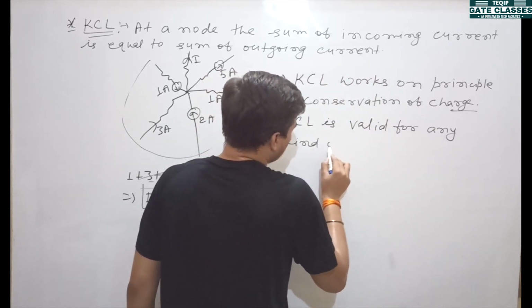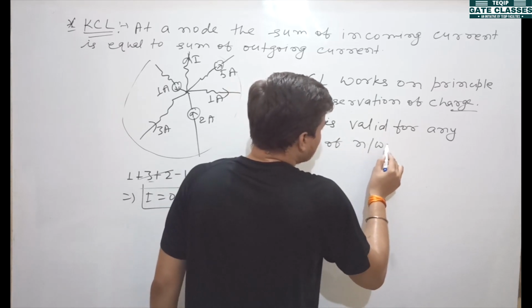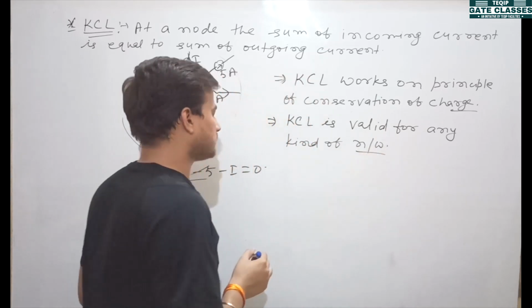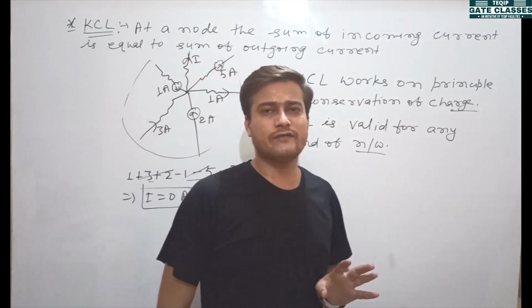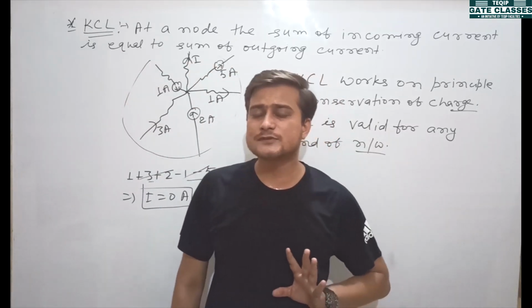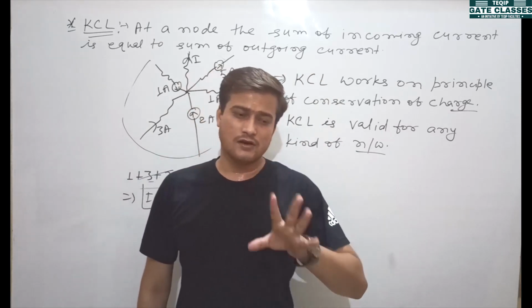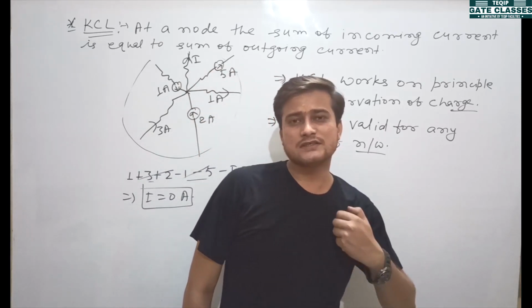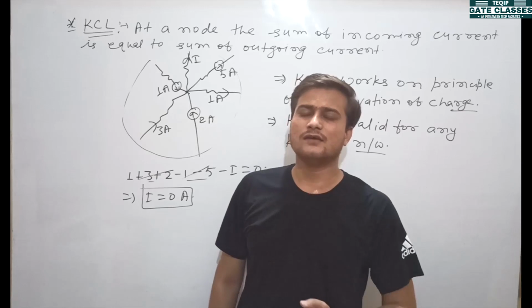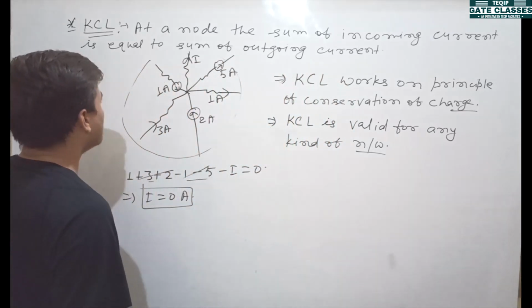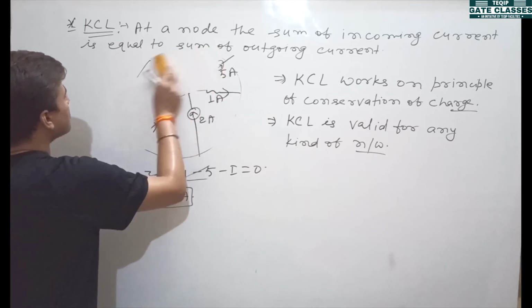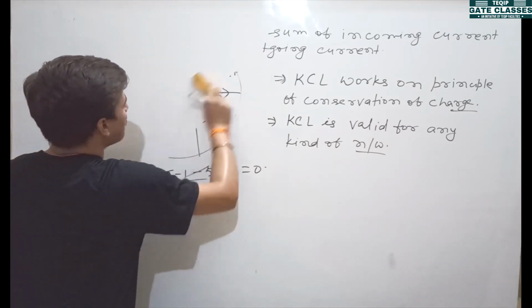That means there are no conditions for applying Kirchhoff's current law. Any network is given to you, you can apply it, whether it is non-linear, whether it is unilateral, whatever the network given to you, you can apply Kirchhoff's current law.